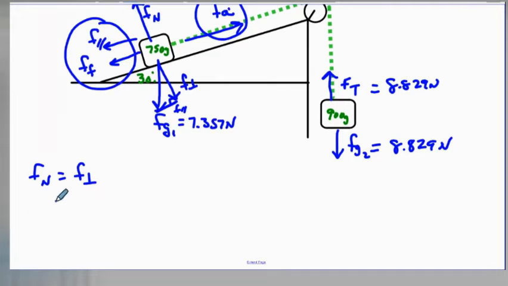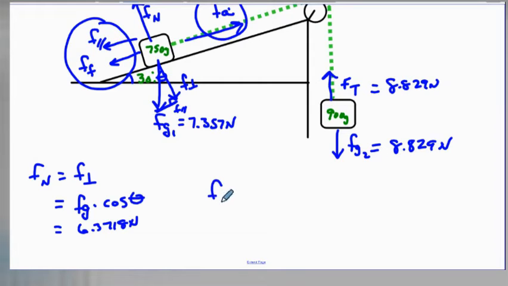And if you forget, you can go back to the last video, our Fn is going to be equal to the Fg times the cosine of the angle. And this angle right here is equivalent to that 30 degrees. So we can find our Fn very quickly, and that is going to be 6.3718 newtons. So once again, that's the perpendicular force downward, which is equivalent to that normal force pushing perpendicular to the surface of the ramp.